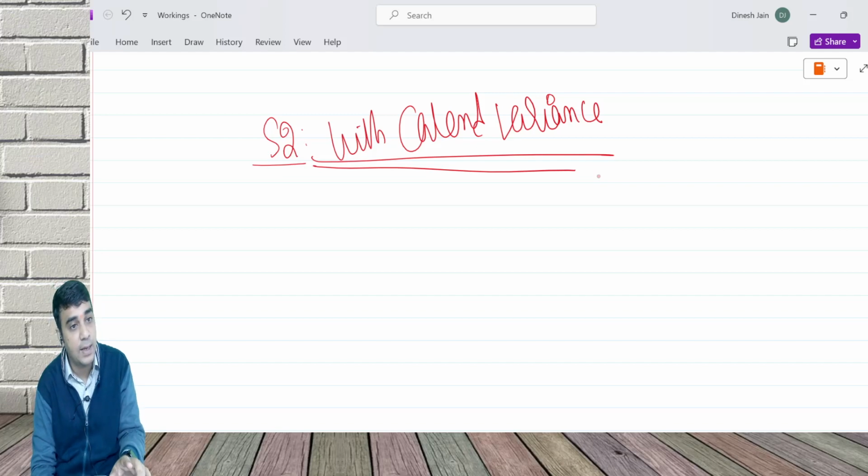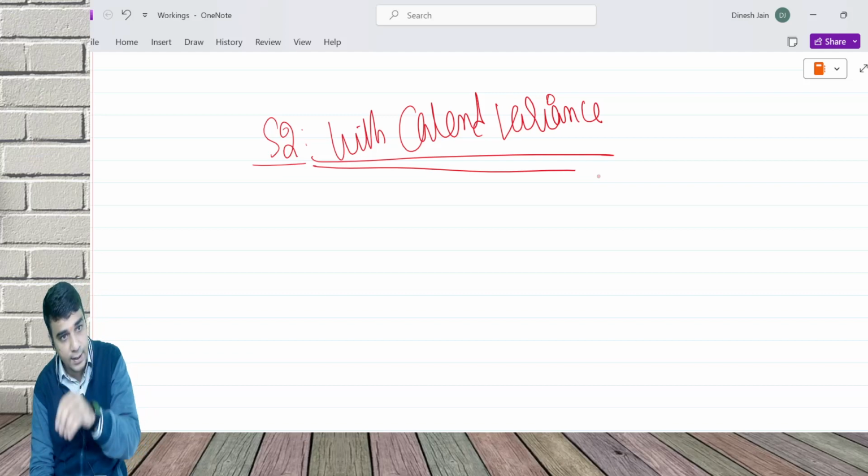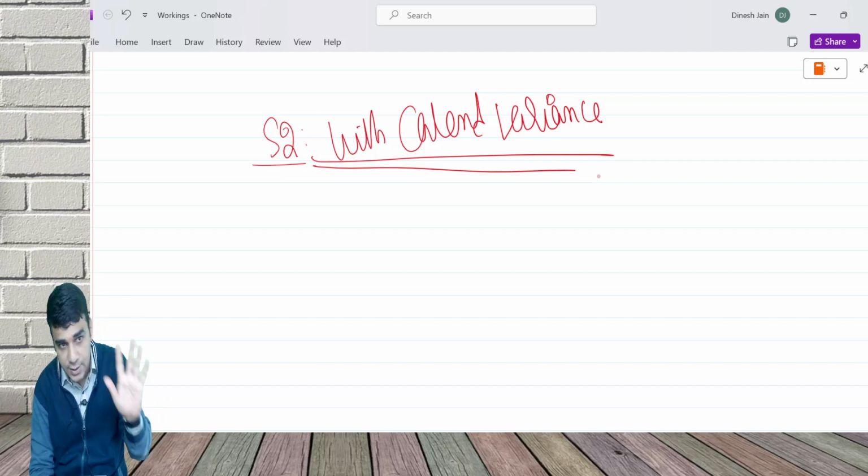Calendar variance is the difference between the number of days you wanted to work and the number of days you have actually worked. If you work for more number of days, it is a favorable calendar variance, because the landlord will not tell us whether I am taking class for 10 days, 15 days, 20 days, 25 days; my rent is going to remain the same.